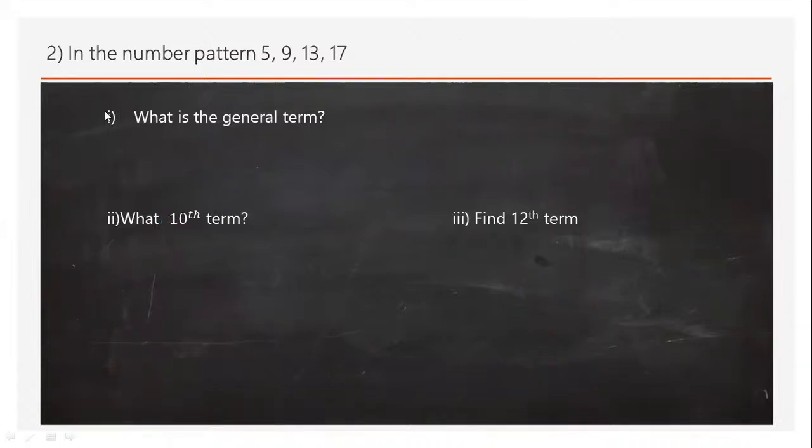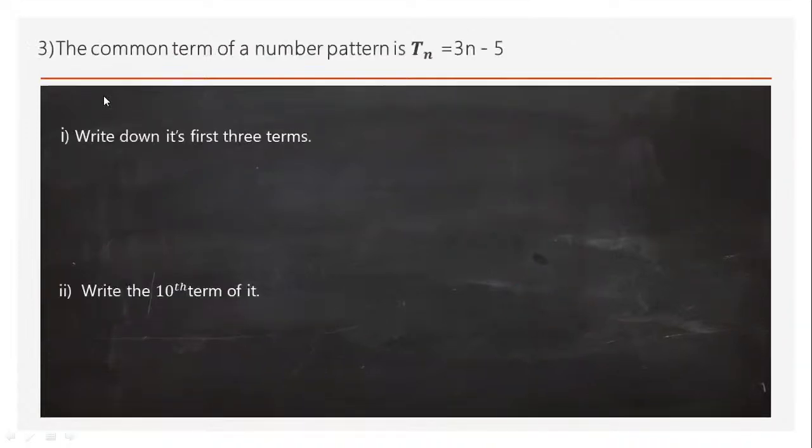Question number 3. The general term of a number pattern is Tn equals 3n minus 5. Write down the first 3 terms. Tn equals 3n minus 5. T1 equals 3 times 1 minus 5.